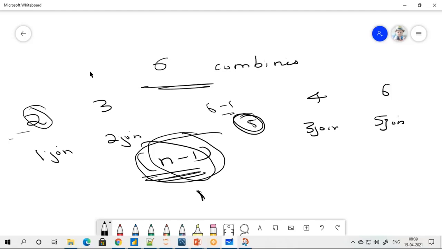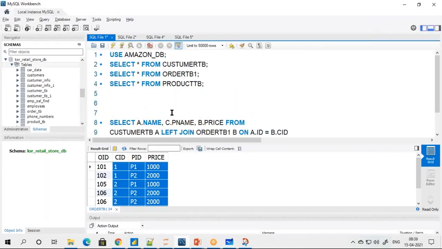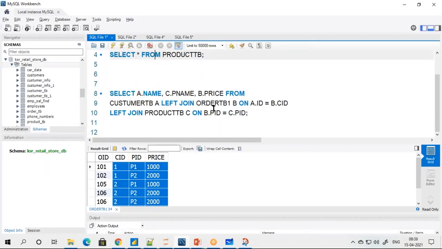That's what we have seen, right? For 2 tables, we do only 1 join. Now I've showed an example for 3 tables, it's 2. So basically, n minus 1 is something which they will expect. If you tell that, obviously you will be able to answer it. Okay, so this is one step which I wanted to show, I think you asked for multiple table joins. This is how it works.